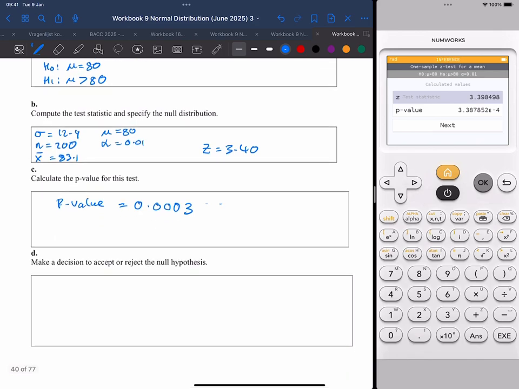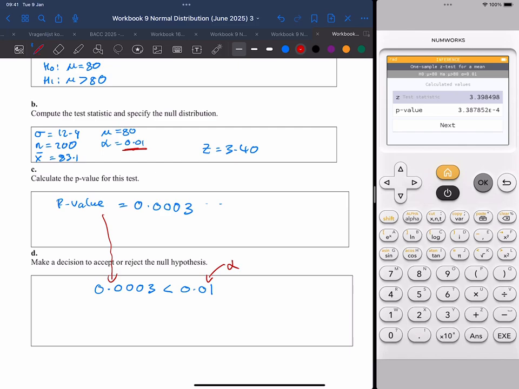Now we're going to make a decision. This is the next question. The p-value was 0.0003, and that is less than 0.01. This here is alpha, or significance level, which is 1%, and this here is our p-value, and we know that's less than it.